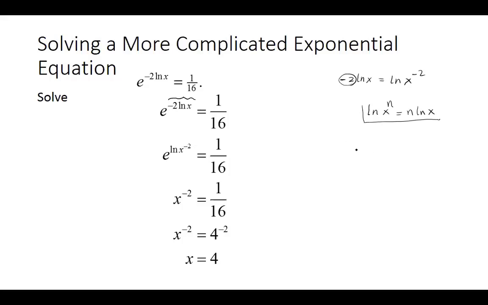Now, if you recall this next property, if I have e to the power of natural log of x, this whole thing would be equal to x. And if I had natural log of e to the power of x, both ways would be equal to x. We did have a similar property for log. If I had log base b of b to the power of n, if my base is matching here, then the whole thing would be equal to n.